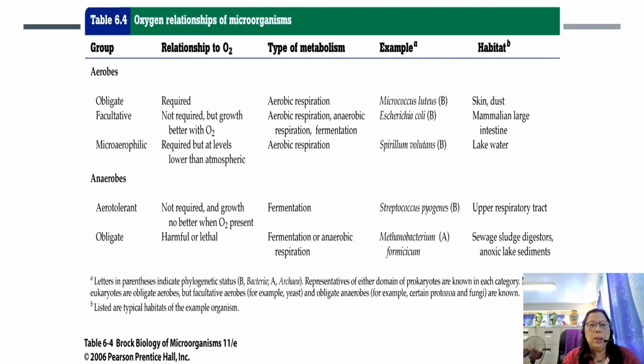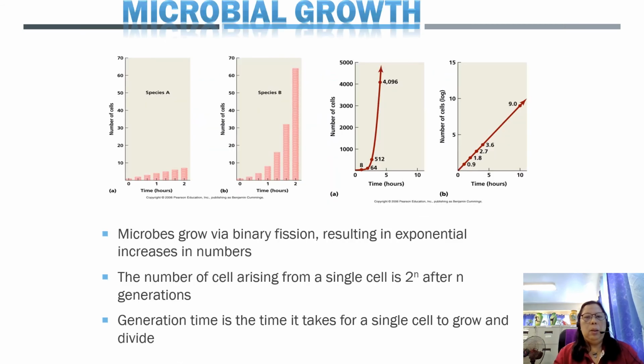So this is the summary. And then you have here the different graphical illustrations of microbial growth. The microbial growth divides by binary fission. The microbial growth could be slow but increasing.